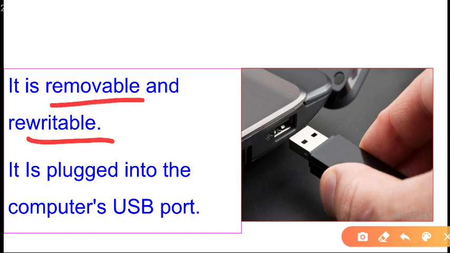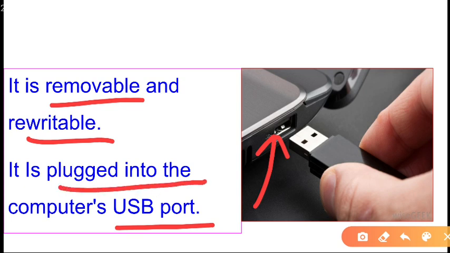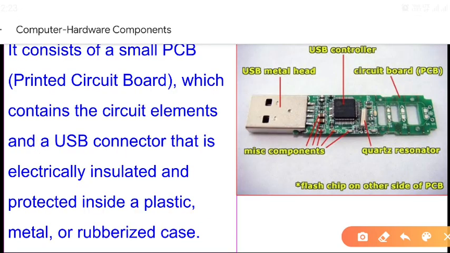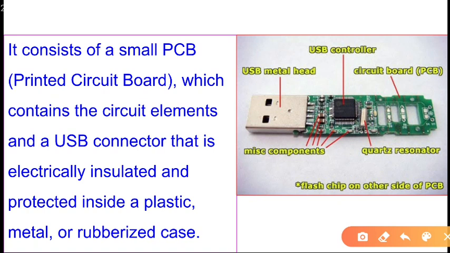Okay, it is plugged into the computer's USB port. You have studied the USB port. See, this is the computer's USB port, so this is plugging the pen drive or flash drive into this USB port. Now the pen drive or the flash drive consists of a small PCB.